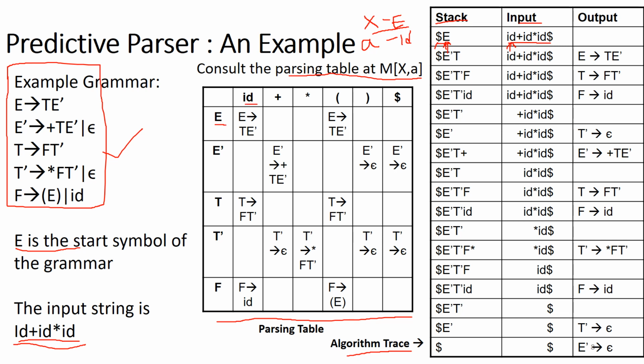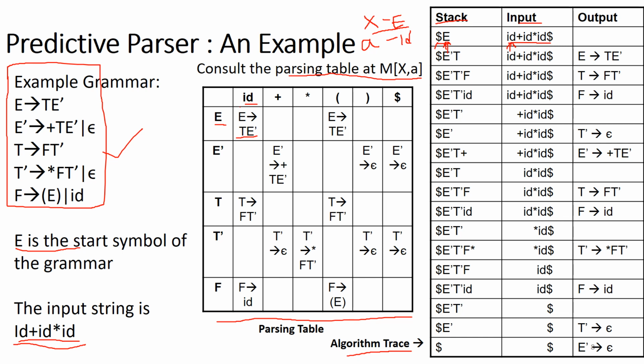So therefore the location that is being consulted is E comma id, where we have the production E to TE dash. So here E is the left hand side of the production and TE dash is the right hand side of the production. As we discussed in the last slide, E, the left hand side of the production, will be replaced by TE dash, the right hand side of the production.